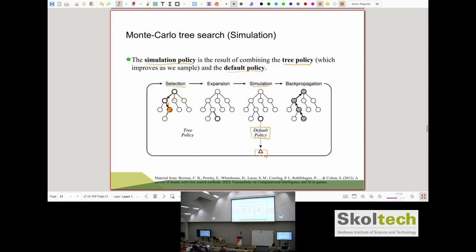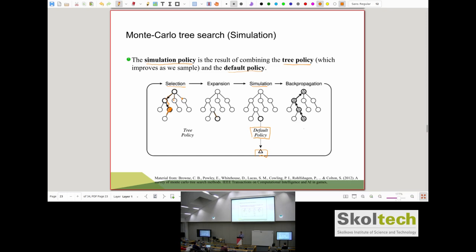Then you backpropagate, or you propagate back, let's call it this way, all these states up to the tree. And everything that has been affected is just going to update its statistics. So what it means is that you have a new sample, and it's going to be a slightly different reward function. This is the only thing that it's doing.